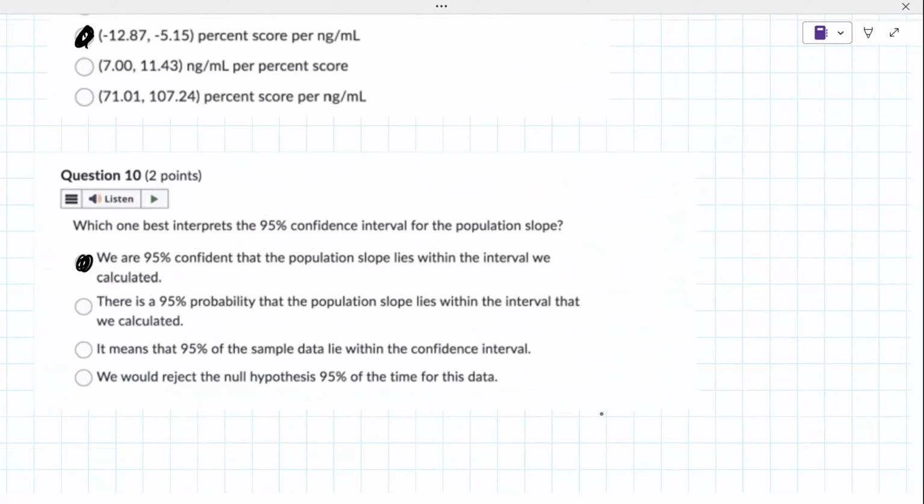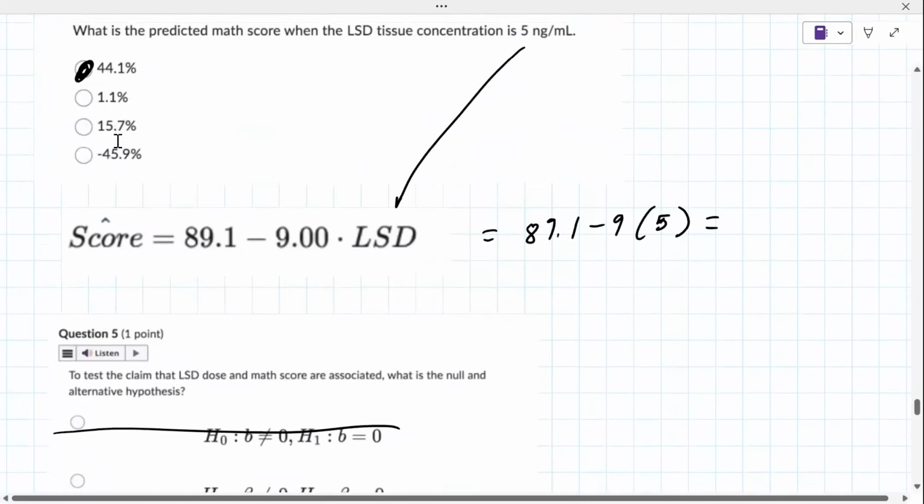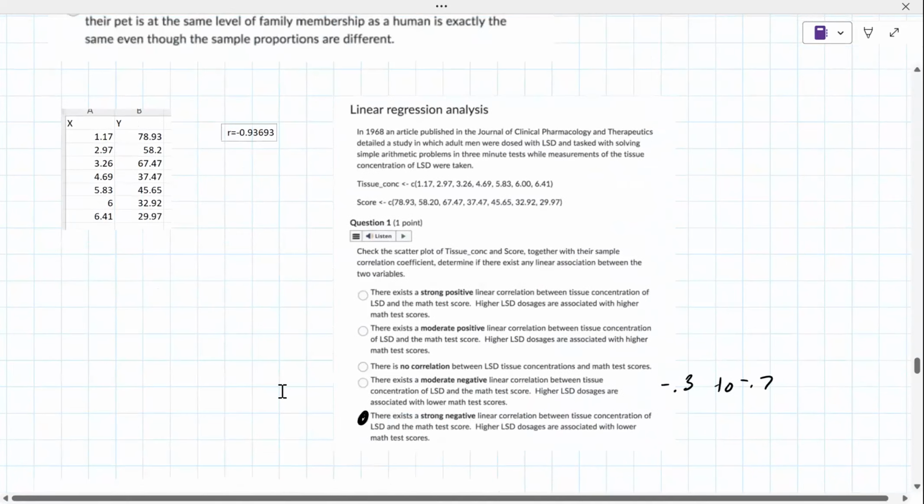Oh, we missed 2, I think. So the first one, question 1, a strong negative. So you think it's a moderate negative, maybe? You chose the last one here for sure. Yeah, I put strong negative.